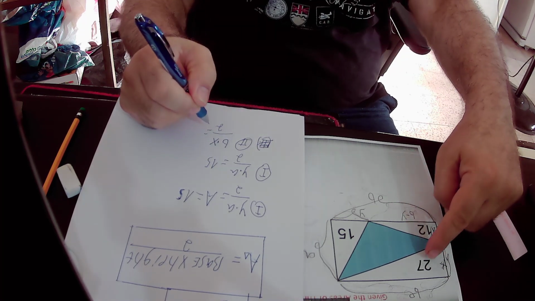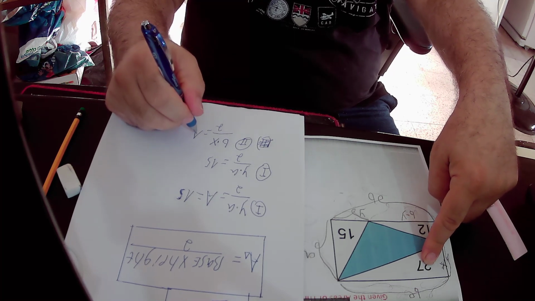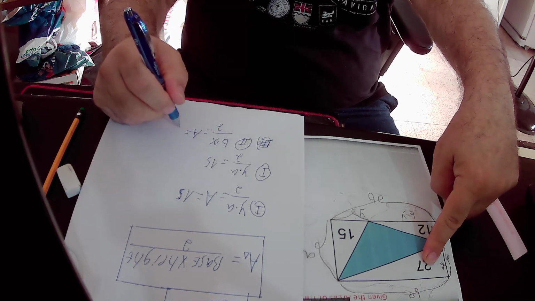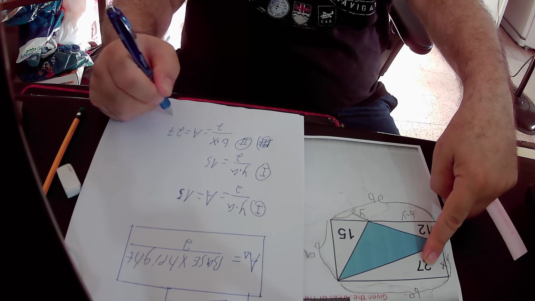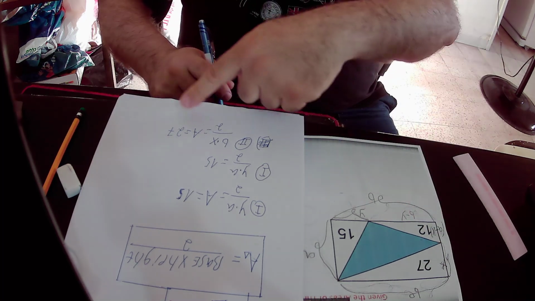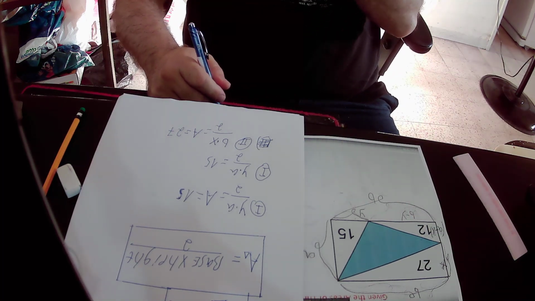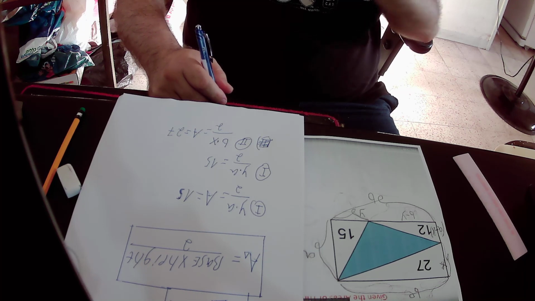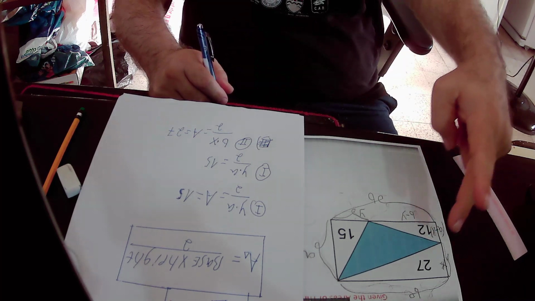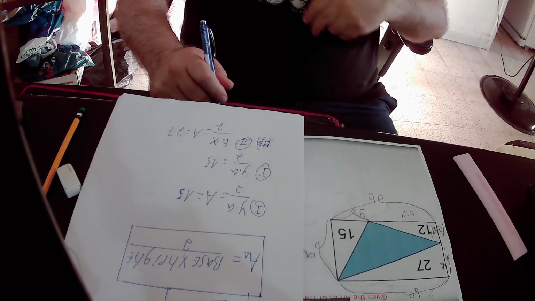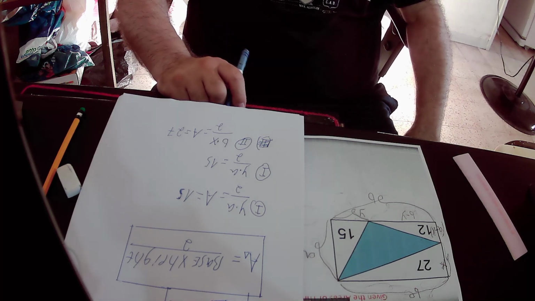That is the area of this triangle, but we do know that the area equals 27 units, so we will add that a equals 27. A is the area of this triangle, equals 27 units. It is given to us.